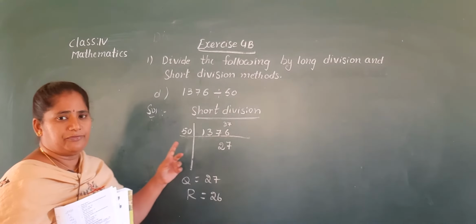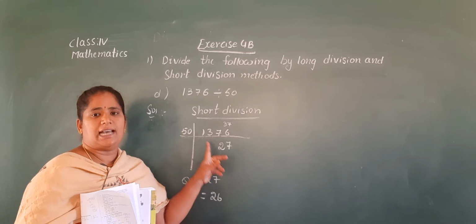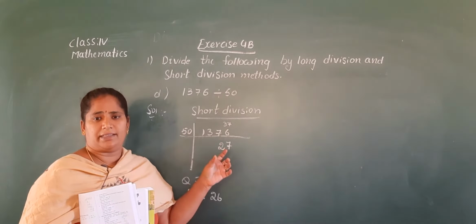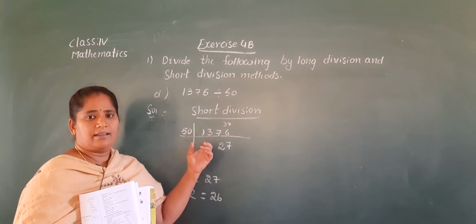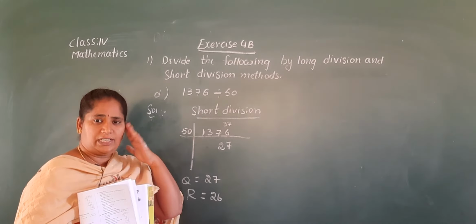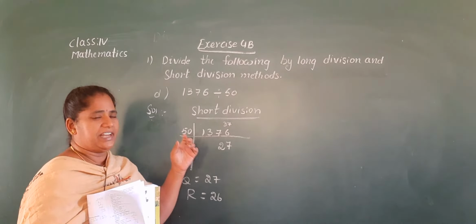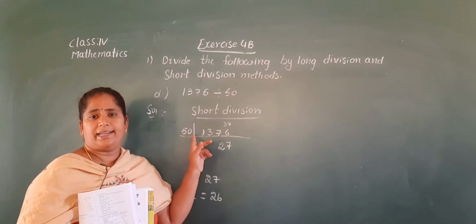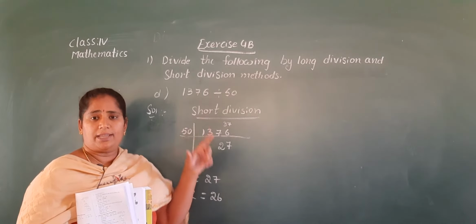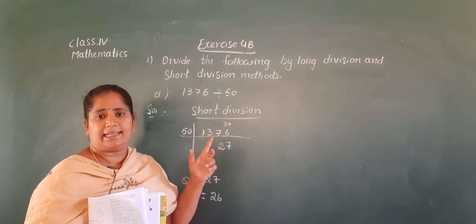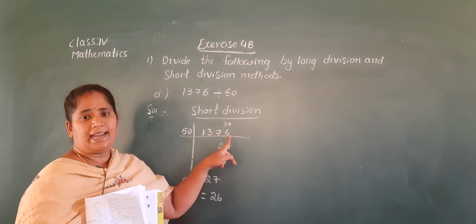So don't get big confusion, children. 50 twos are 100. So I told you, in the short division method we write less, but we have to do the calculation in our mind. Mentally only we can solve this. 50 twos are 100. 137 minus 100. You do that calculation in your mind. 137 minus 100 is 37. 37 and here 6.